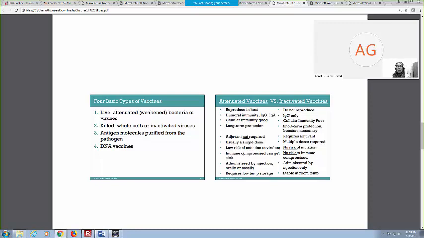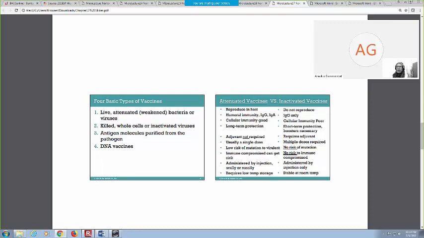And then the second risk is that if you don't have a strong immune system, if you're somehow immunocompromised because you're on medication or because you have another illness like AIDS, or you're very young or very old, and when we're very old, our immune system is waning. When we're very young, it hasn't quite developed yet. So it's risky for that population to get an attenuated vaccine because they can actually get symptoms and get sick.